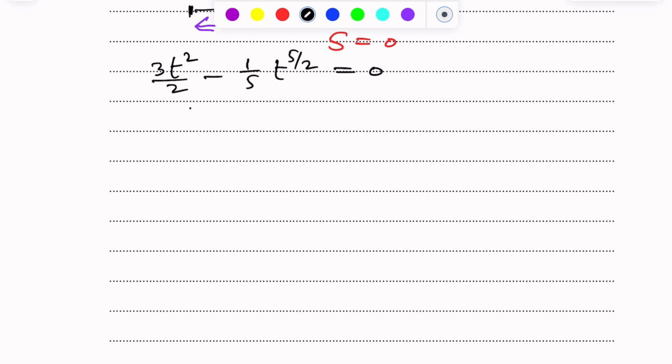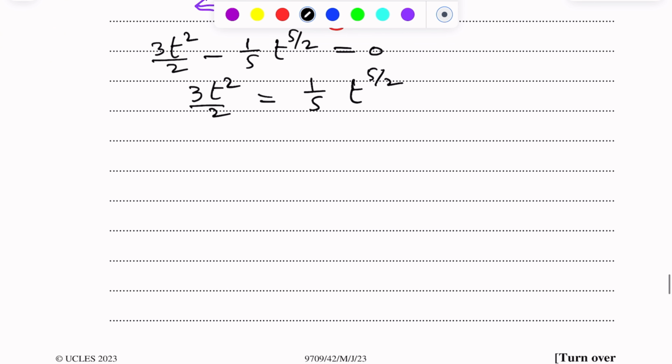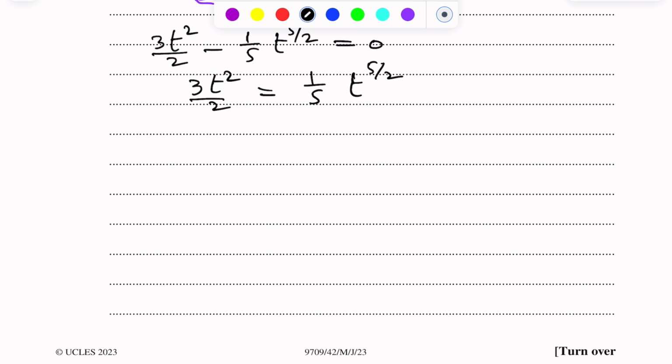So we can write it as 3t square over 2 is equal to 1 over 5 t power 5 over 2. Now by cross multiplying we can write 3 over 2 into 5 over 1 on the right side, 5 t power 5 over 2 divided by t square.